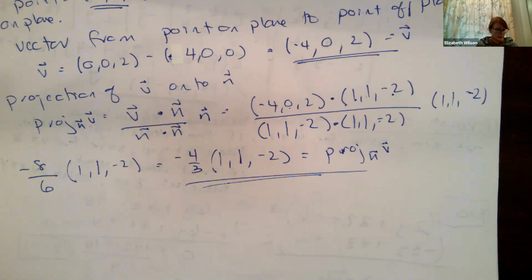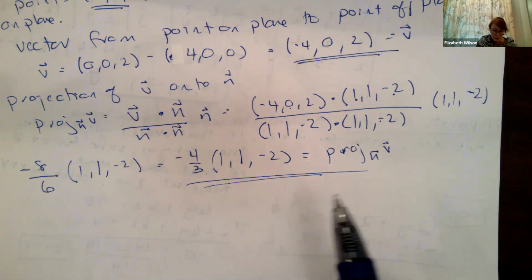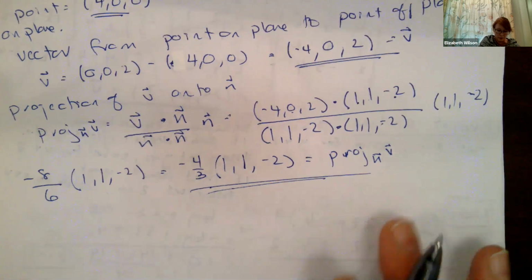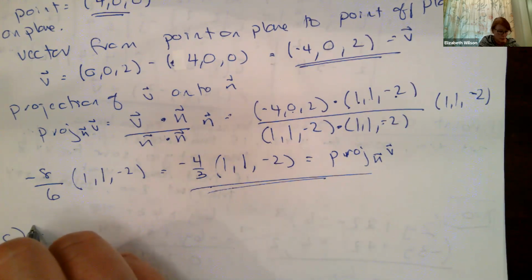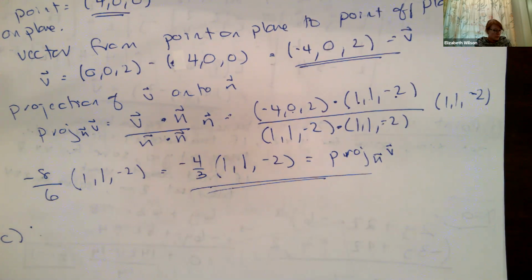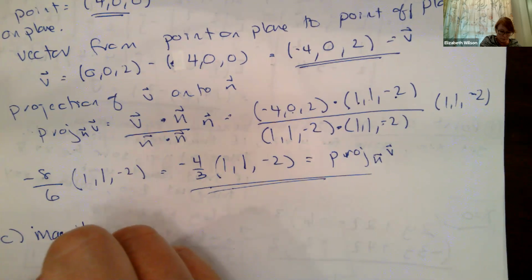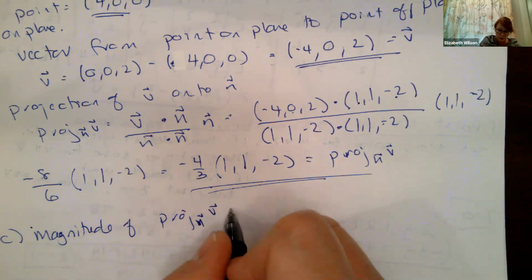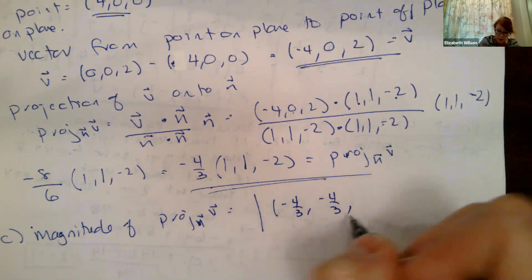Okay, so the point on the plane that's closest to our point in space. Now, the distance, let's see, what is the point on the plane closest to point 0, 0, 2? So I'm going to answer part C first. Part C says distance between the plane and the point in space. Basically, I'm taking the magnitude of our projection. So minus 4/3, minus 4/3, 8/3.